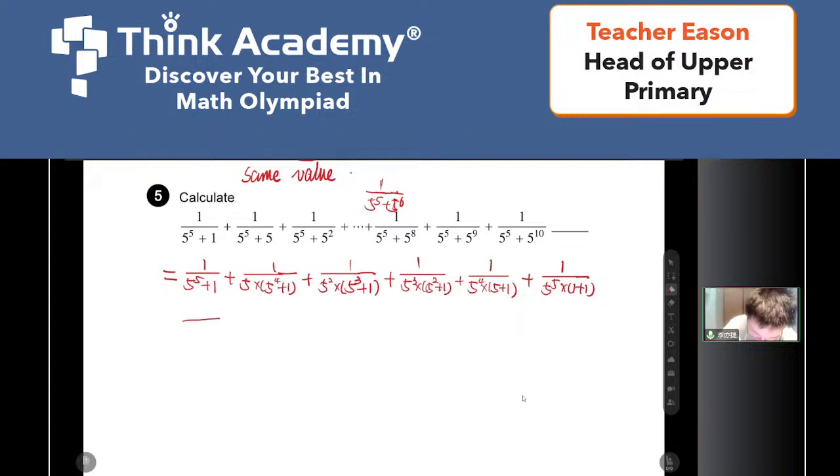Now we reverse it, right? This is the 6th form. And the 7th form, we extract the 5 power 5 out. It's 1 plus this, and then it's easy to find.